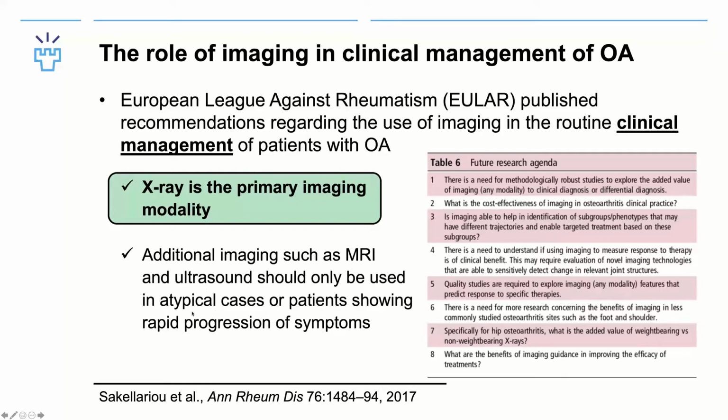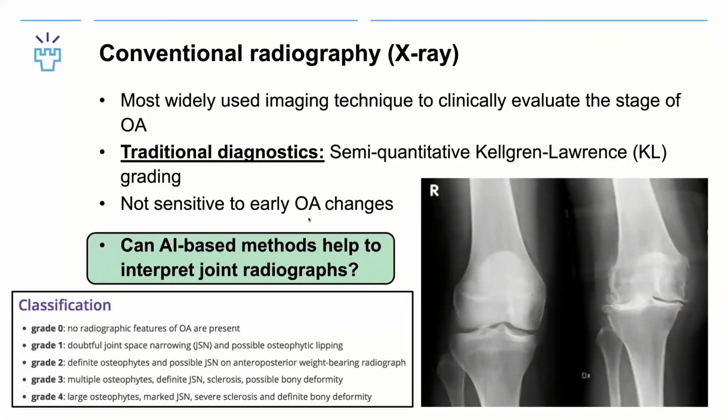Those should be reserved only for atypical cases or patients showing rapid progression of symptoms. So X-ray is basically our workhorse and gold standard, and it's the most widely used imaging technique to clinically evaluate the stage of osteoarthritis.